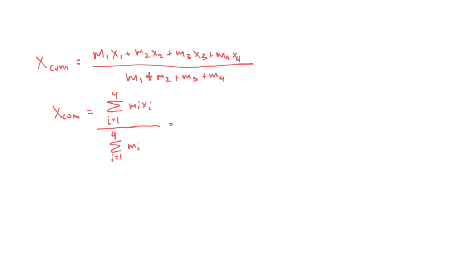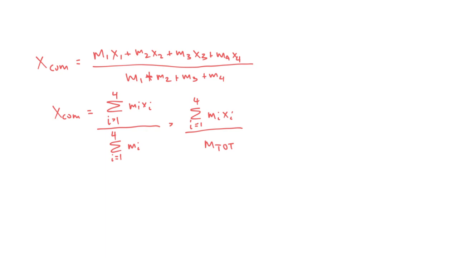So that equals the summation from i equals 1 to 4 of Mi times Xi over M total. So that is the X center of mass in summation form.